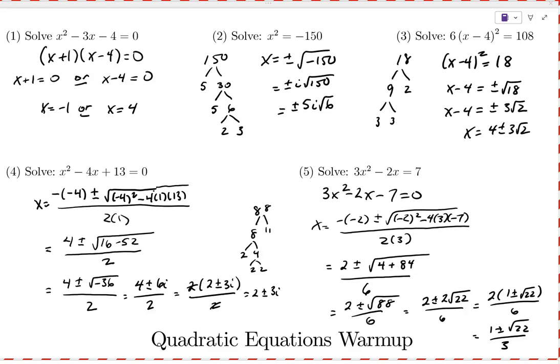So again, handle the negative first, gives you the i, and then square root of 36 is 6. So at that point, we have 4 plus or minus 6i over 2. I'd like to simplify this if we can. We have a common factor of 2 in the 4 and the 6. So we can pull out a 2, and then it cancels with the 1 in the denominator. So the final answer we're left with is 2 plus or minus 3i at the very end.